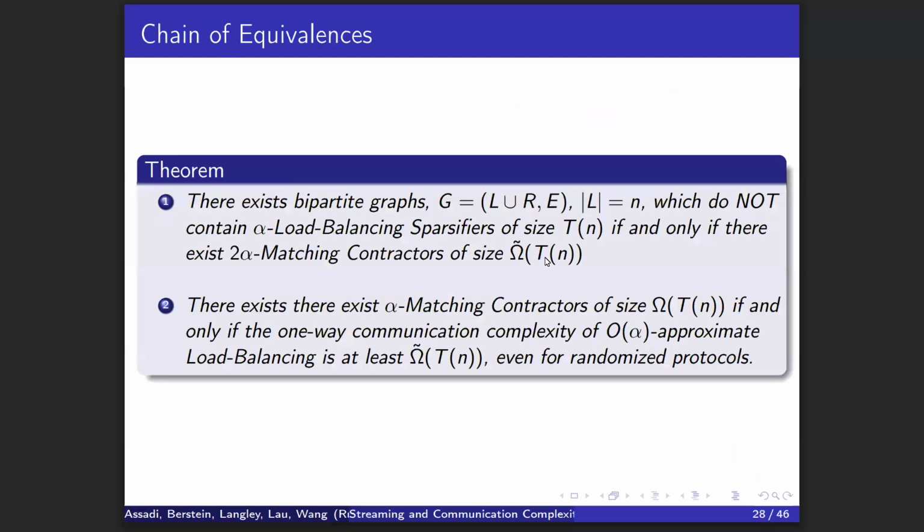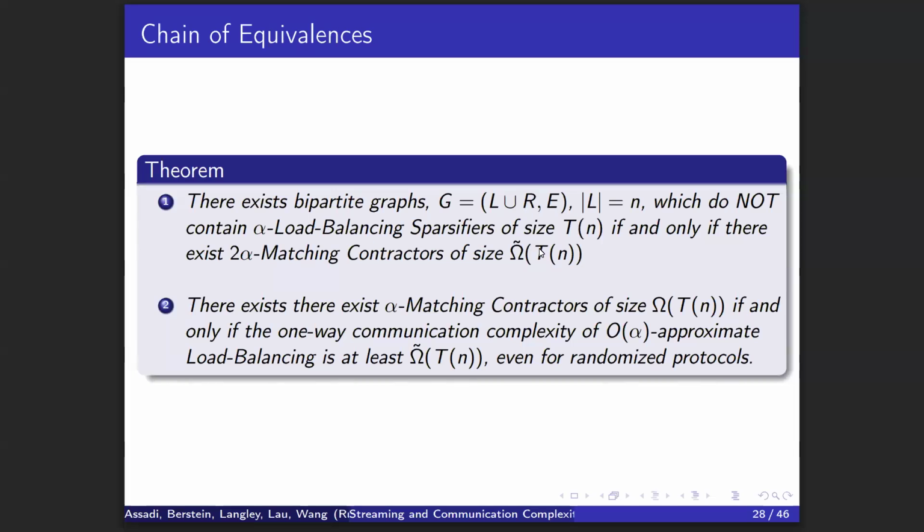So our first main result is that we prove a chain of equivalences between communication complexity, the complexity of load balancing sparsification, and the existence of dense matching contractors. Specifically, there exist bipartite graphs which do not contain an alpha load balancing sparsifier of size T of n, if and only if there exists a 2 alpha matching contractor of size O tilde of T of n.